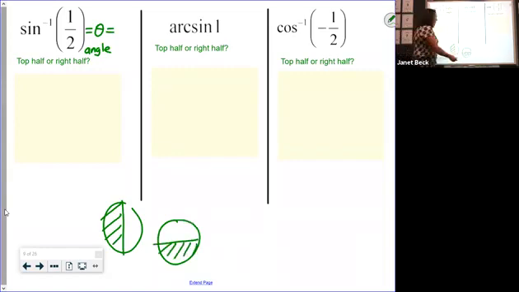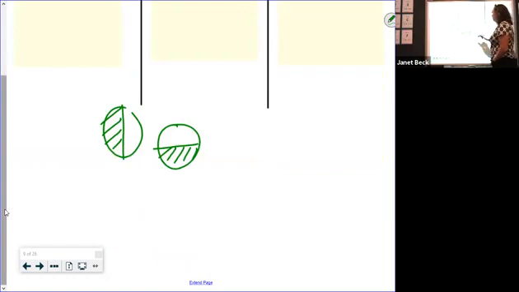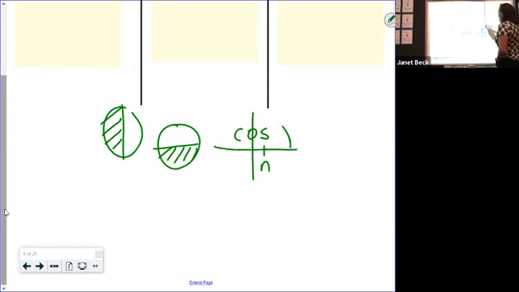Now there's a way to remember that. Just get the words sine and cosine and try to put them together like a crossword puzzle. It doesn't work if you put sine there. That doesn't link to cosine. But it does if you write cosine across the top and sine down the side. Now can you see how that's your circle? Cosine is in the top half and sine is in the right half of the circle.